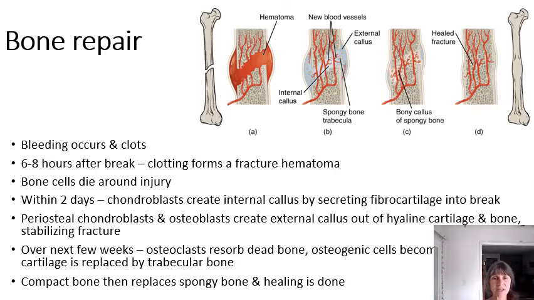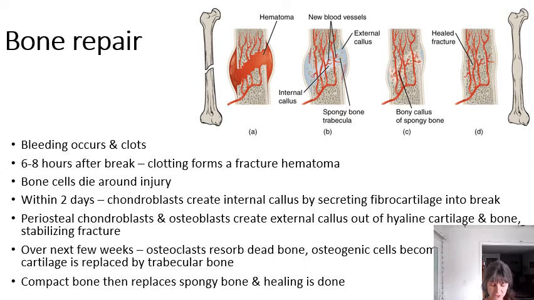And as the blood clots, it forms a mass known as a fracture hematoma. Soon those bone cells in the injured area, deprived of nutrition and fresh oxygen, begin to die, and the tissue at that site becomes very swollen, painful, and inflamed.